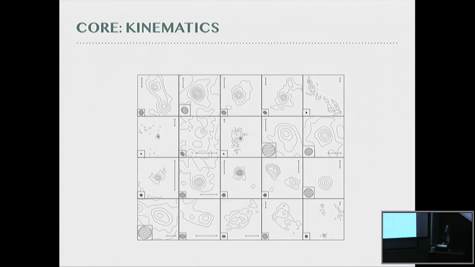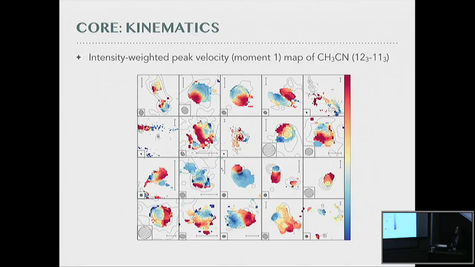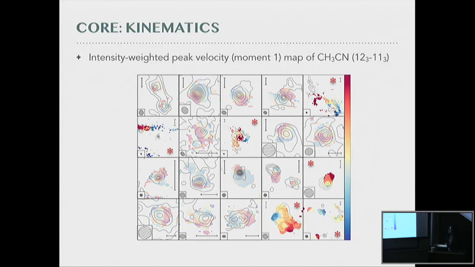And what I will show you is the moment 1 map, so the intensity-weighted peak velocity of a disk tracing molecule. And we basically recover rotating structures around most of our objects. We have a few exceptions, which are shown by the stars.